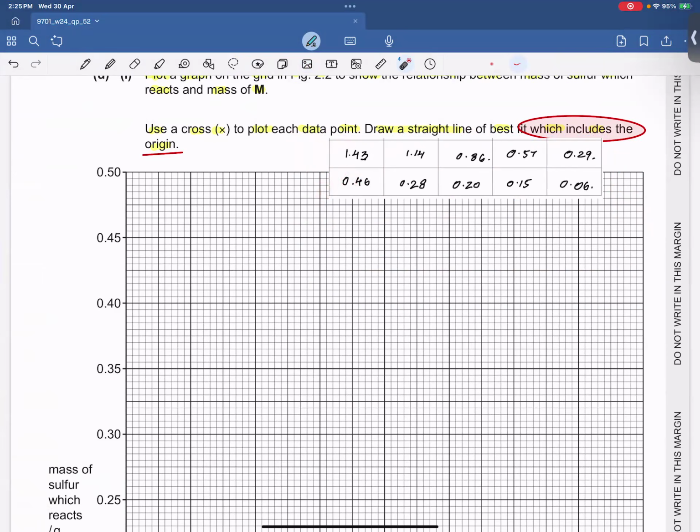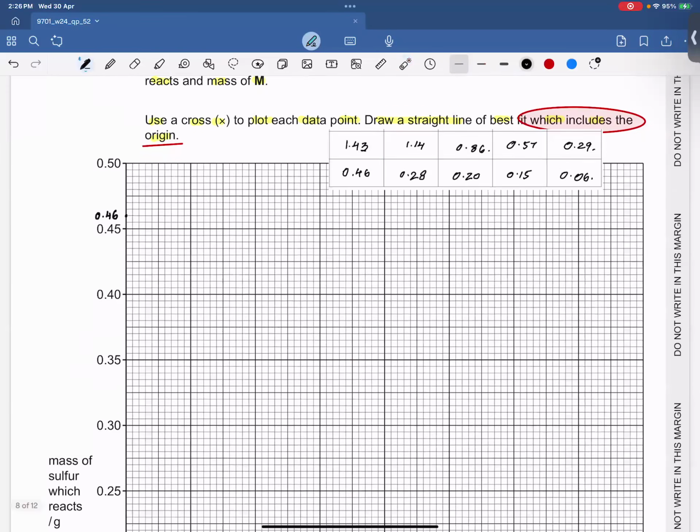So this is going to be 0.46, and on that value, I have 1.43.